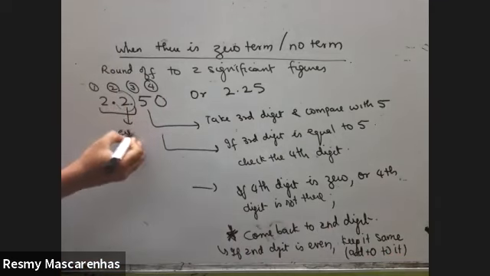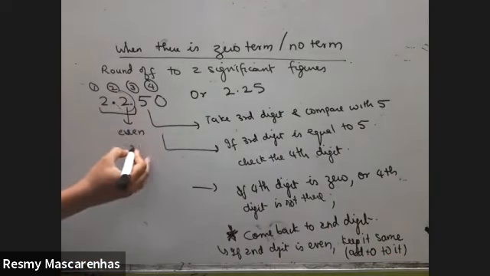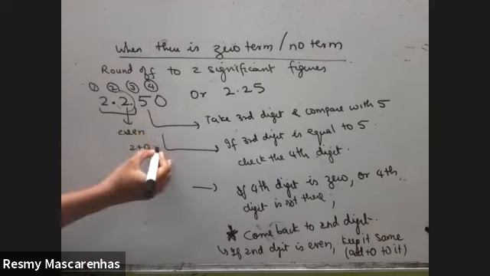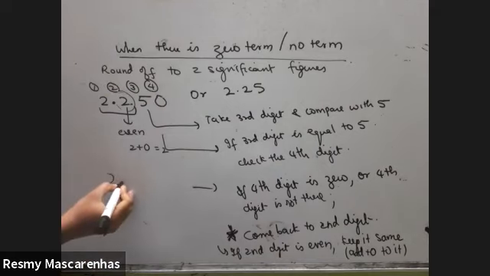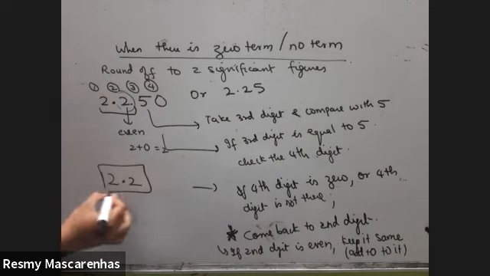This is even, so it's like 2 plus 0, which equals 2. So 2 will remain as 2 only. The answer will be 2.2. Because this is even, you have to keep the number the same, as it is, like adding 0 to it.